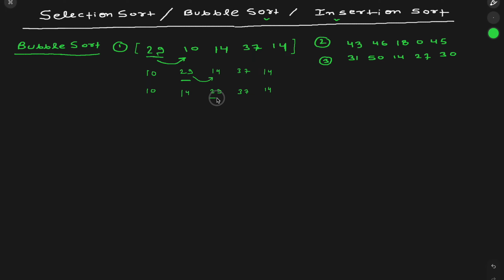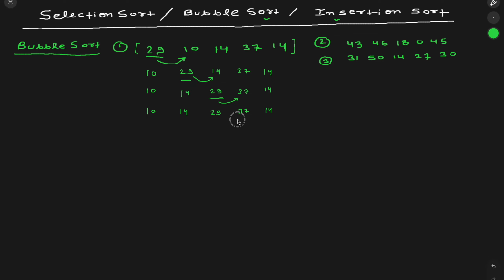In the third iteration, it will check this element against this element. 10 and 14, that is already in order, and 37 is already greater, so it will not do anything, it will just move the index for the next check.